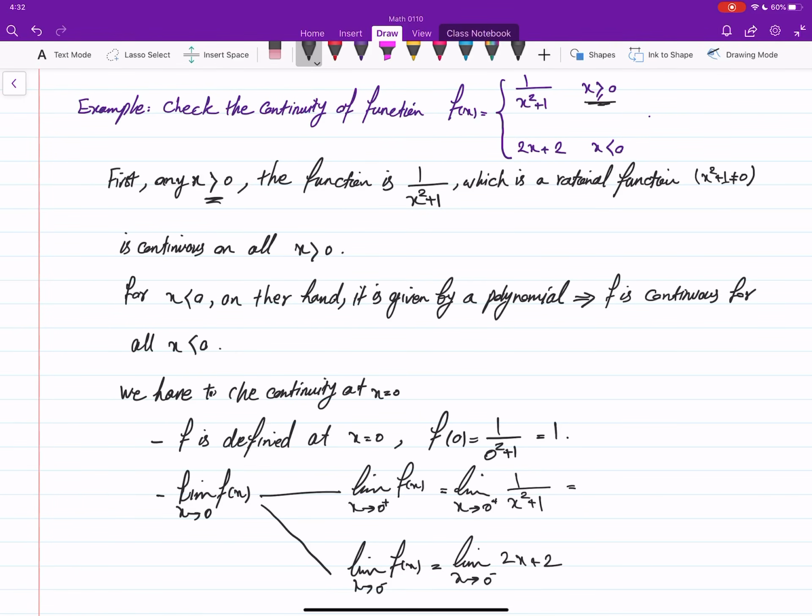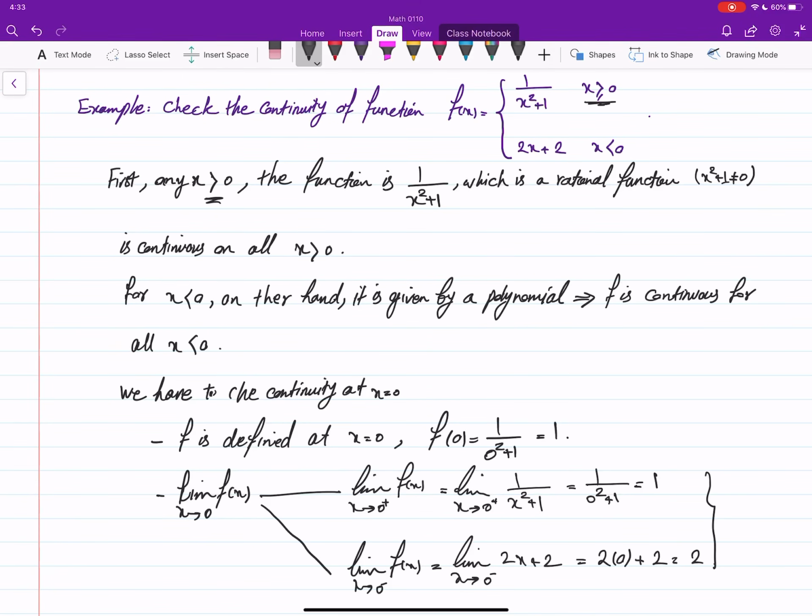Now, we just find the limits, which is just plugging in, because we can apply the quotient law here, and that gives us 1. But here is a polynomial again, so direct substitution is what we have. So what did we get here? The left limit is 2, the right limit is 1.